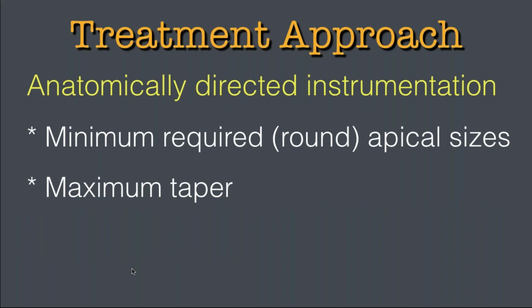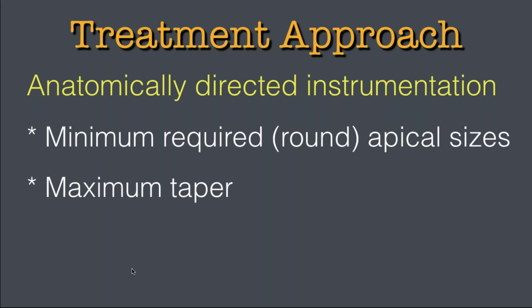Now, what I'm alluding to already is that we're going to talk about instrumenting the root canal according to its natural diameter, natural shape, but we still need a minimum round apical size.